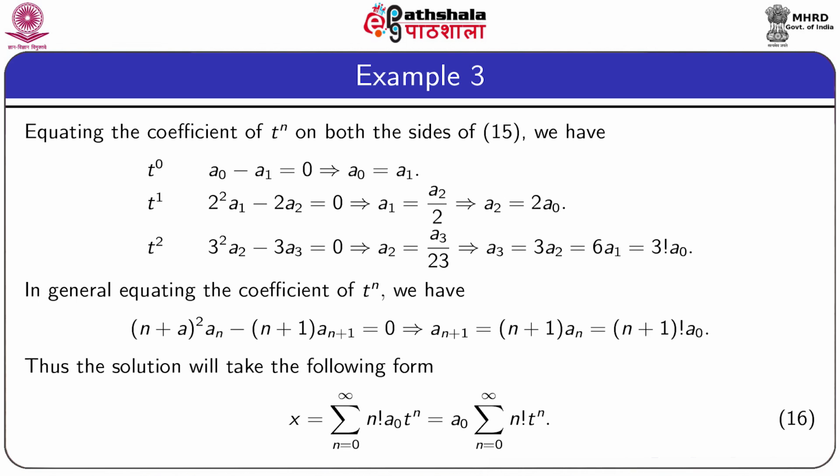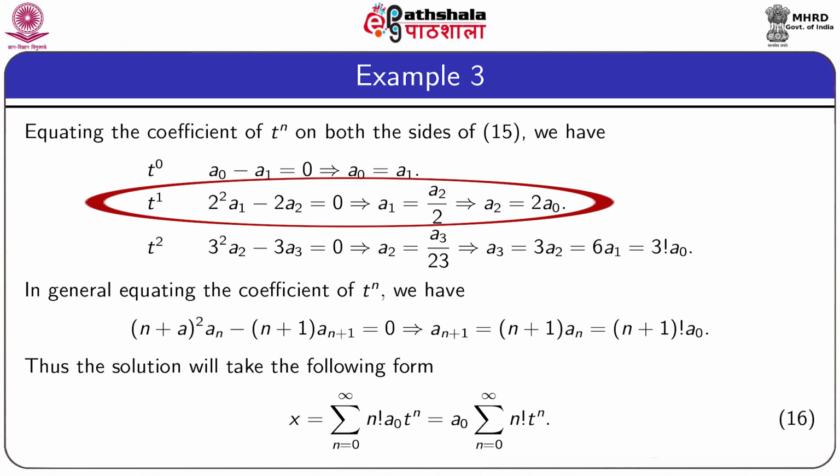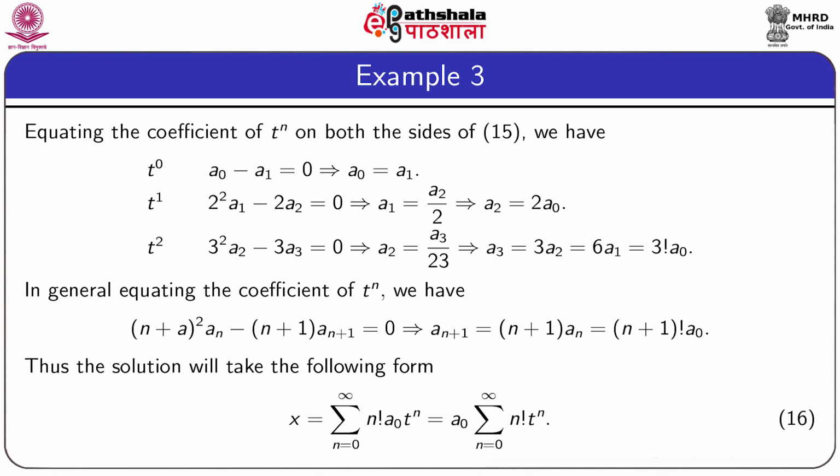We next equate the coefficient of tⁿ from both sides of 15. The first one is where we equate the coefficient of t⁰, and we get a₀ − a₁ = 0. In the second case, we equate the coefficient of t¹ from both sides, and we get 2² a₁ − 2a₂ = 0, which implies a₂ = 2a₀.